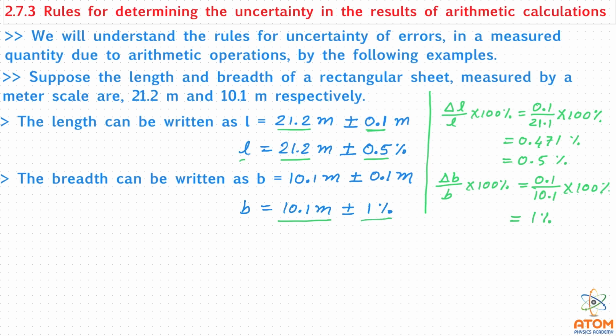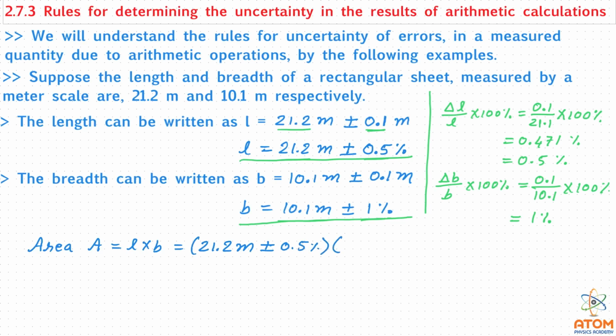So we have this length L as 21.2 meter plus or minus 0.5% and breadth B as 10.1 meter plus or minus 1%. Now if we calculate the area of the sheet, then area A is, we know, length into breadth, so I will multiply this length, 21.2 meter plus or minus 0.5%, into 10.1 meter plus or minus 1%.